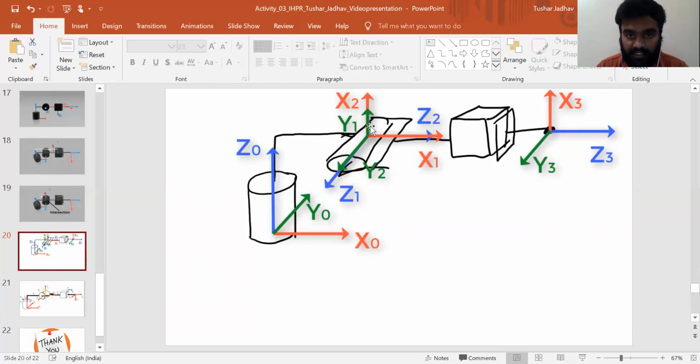Point your thumb in the z direction, your fingers in the x direction, and your palm, when it moves out, is the direction of your y. That is the right-hand thumb rule, and accordingly the end effector should follow all four rules of the DH method. Only then will we correctly identify the frames of a particular robotic articulated arm.